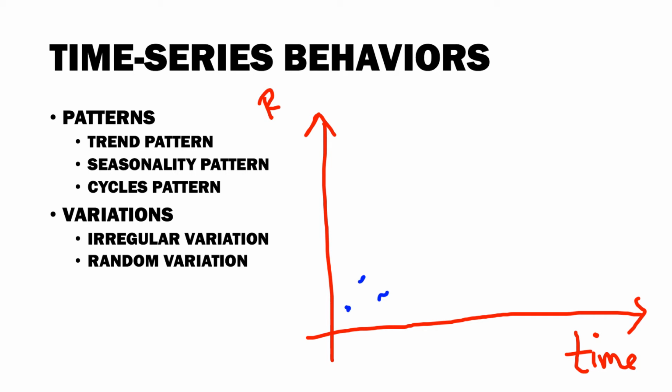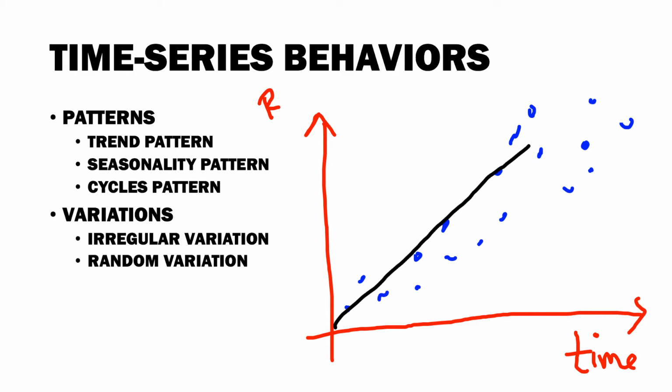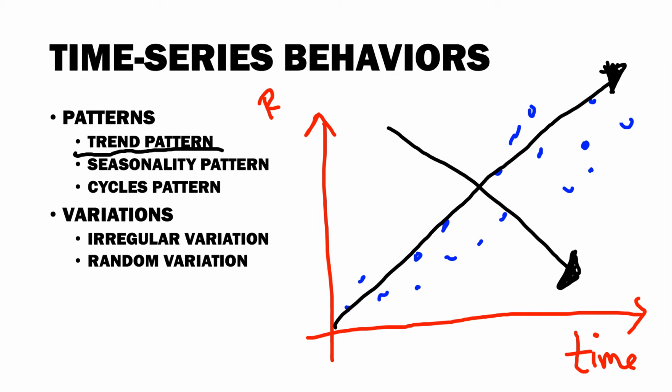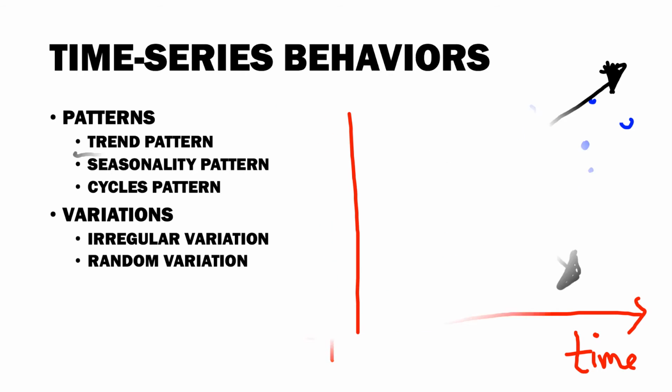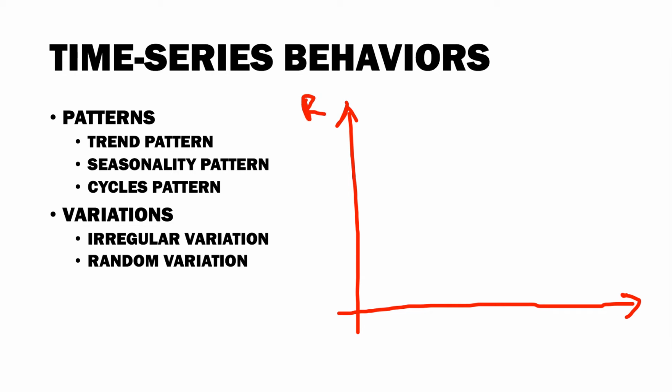And when you start collecting data, and you start plotting it, and you suddenly notice that there's a pattern that looks like this, you know that we have a trend pattern. And trend patterns can either be positive, as in this case, or it could also go down and have a negative trend.